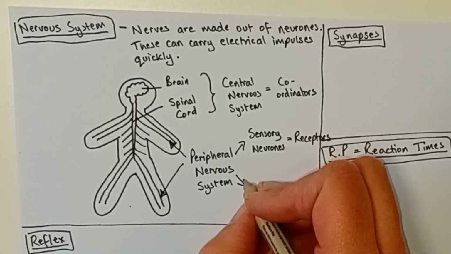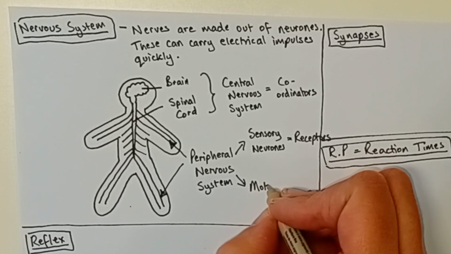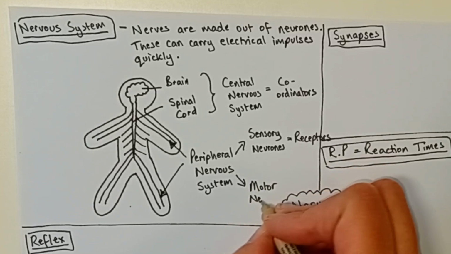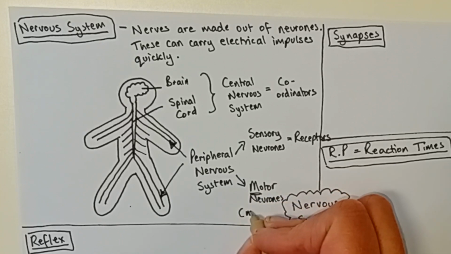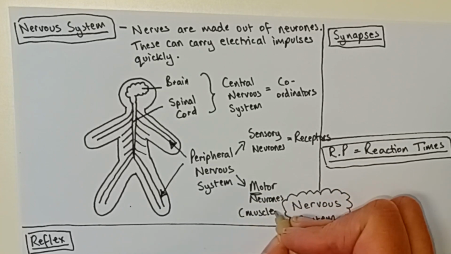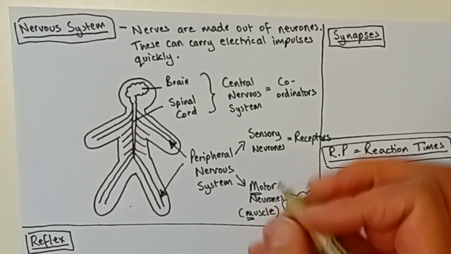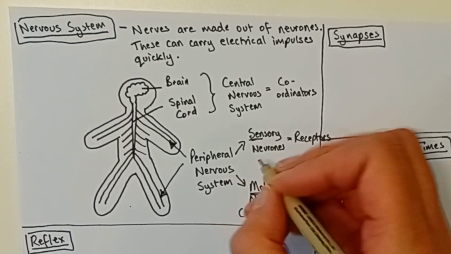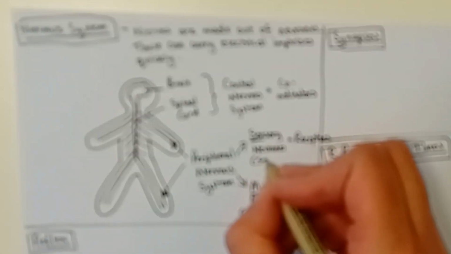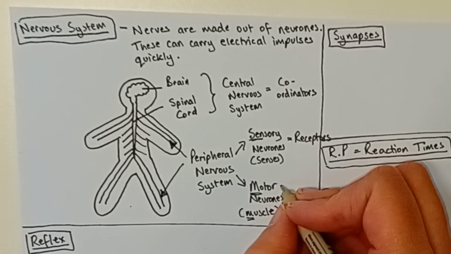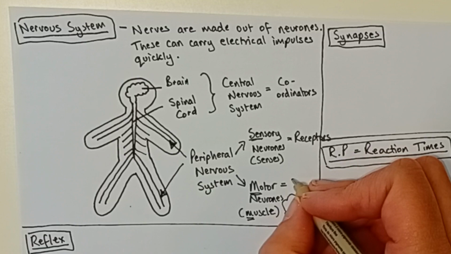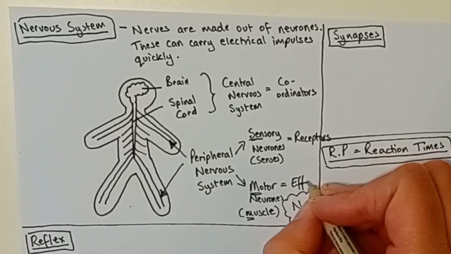And we've also got motor neurons. And these attach to muscle. M for muscle, M for motor. Sense for sensory. And they attach to sensors. And the motor neurons are attached to muscles, but the posh word for a muscle is an effector.